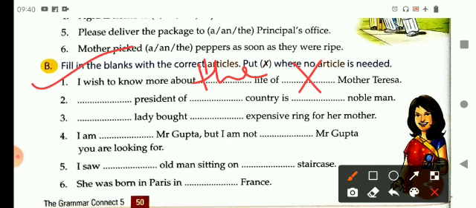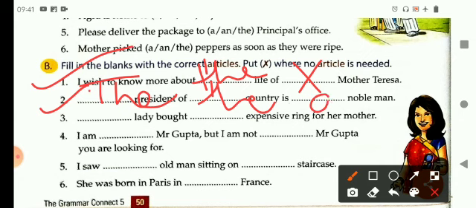We do not use any article before any name. Second one, dash lady, the lady. No, let's do the second one. Dash president, the president. The president of the country is a nobleman.